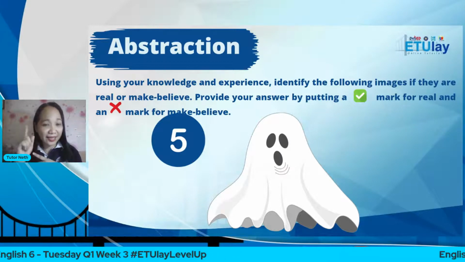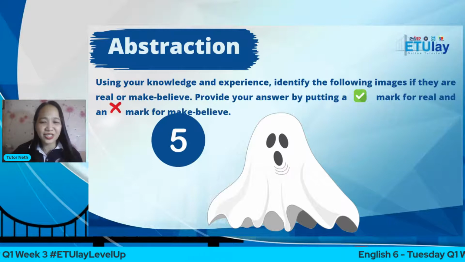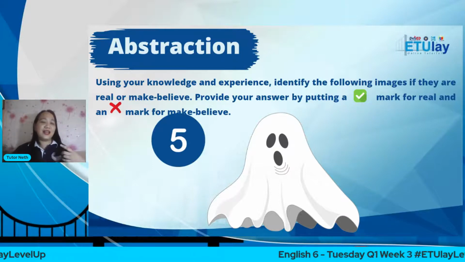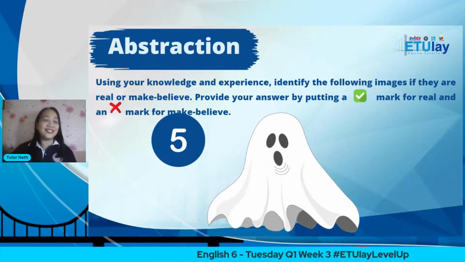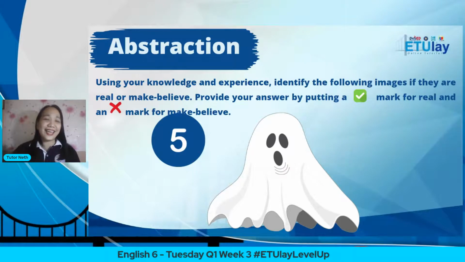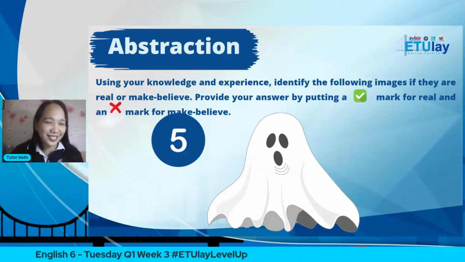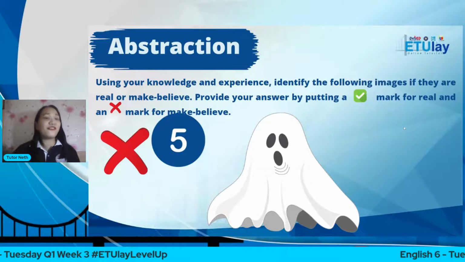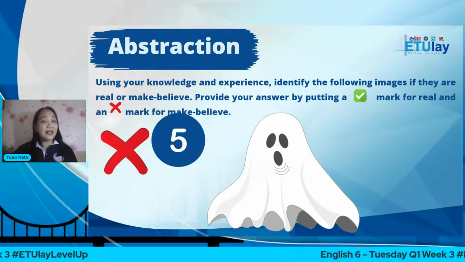Zachary Narciso, X. Princess G. Santiago, also answers X. Oh, it looks like someone got scared. Rojan James, don't worry, it's just an image. And, of course, it is a make-believe image.